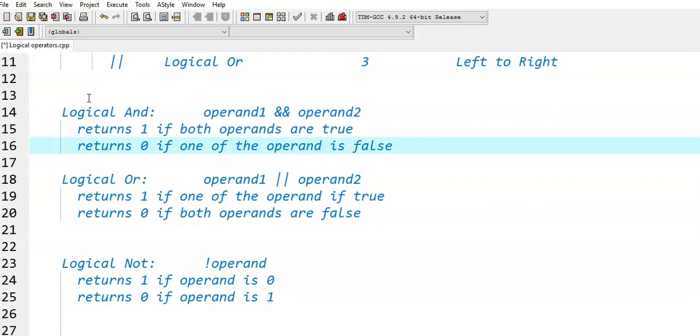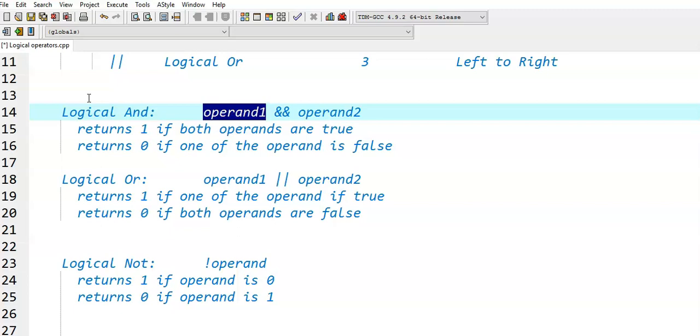Now we see the syntax here. The syntax of logical AND is: it works on two operands, operand 1 followed by logical AND followed by operand 2. That's why they are also called binary operators. Binary operators means they work on two operands. In later videos, I discuss clearly about unary operators, binary operators and ternary operators.